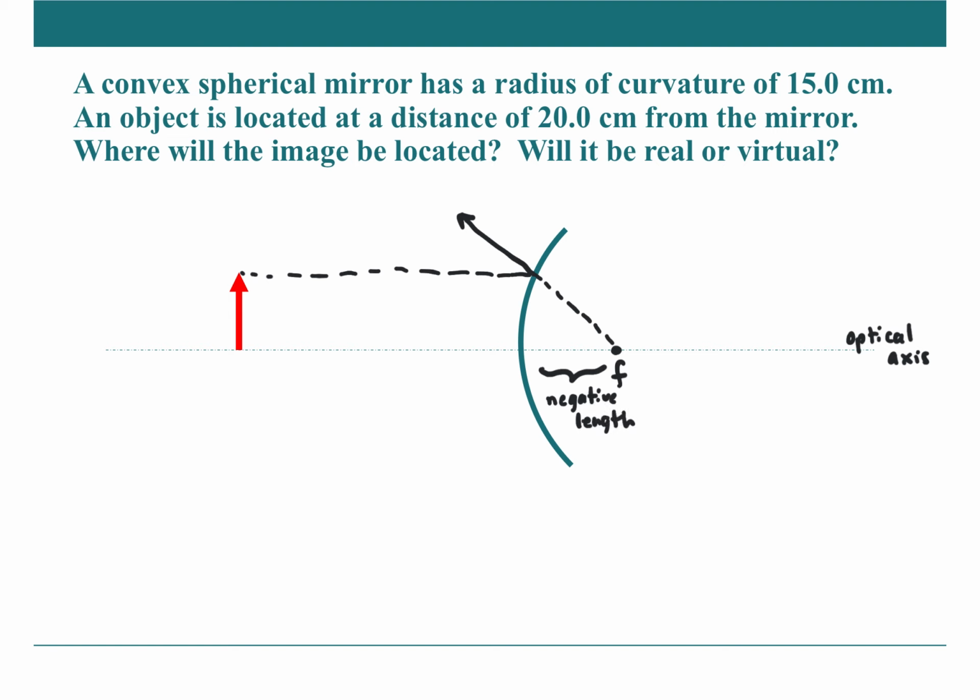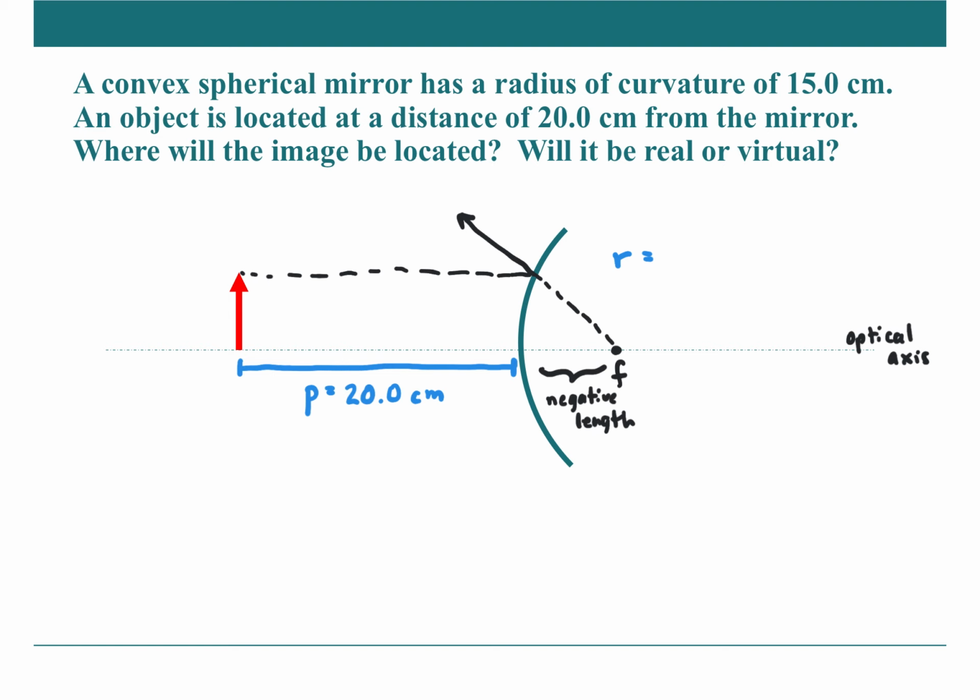This length is a negative value because it represents a side of our mirror that's opposite the side that's by default guaranteed to be positive, our object's side. So we have a value that's given to us for the distance that our object is from our mirror. This value is what we've called p in earlier equations, and we're told that this is 20 centimeters. We're told that the radius of curvature of our mirror is equal to 15 centimeters.